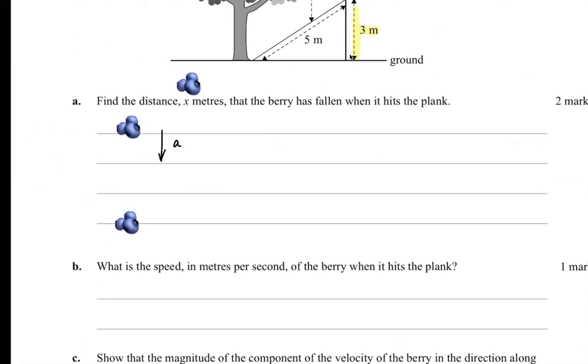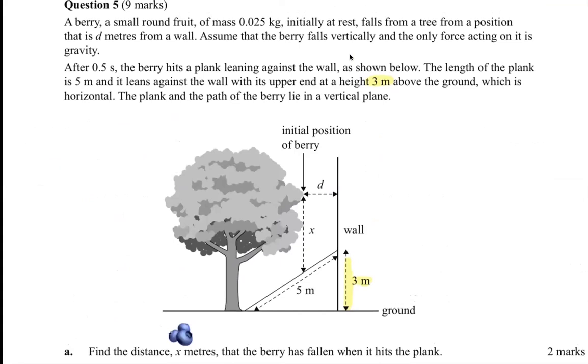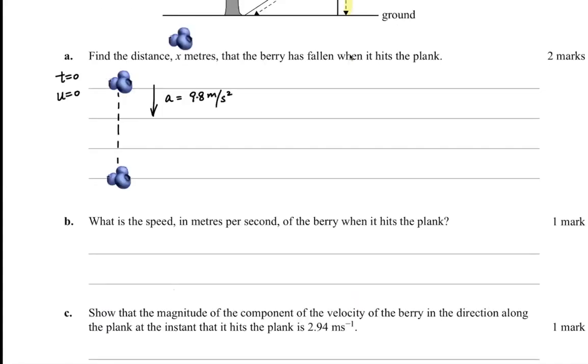We can assume constant acceleration, 9.8 meters per squared second. T is 0, U is 0 from rest. Yep, initially at rest. So this is my final displacement.